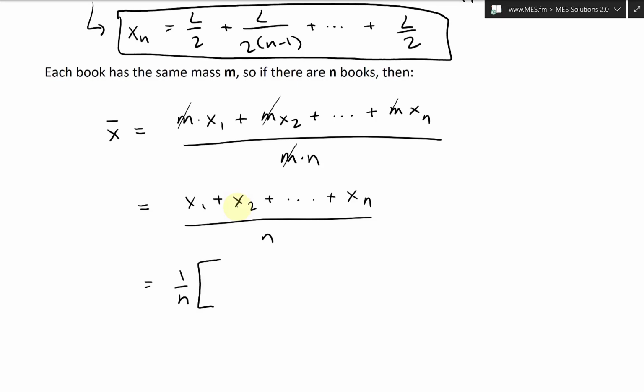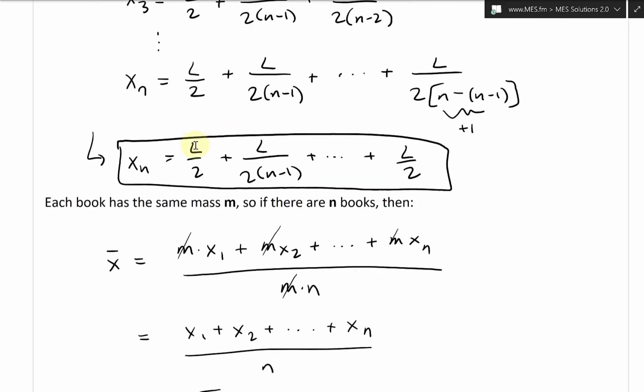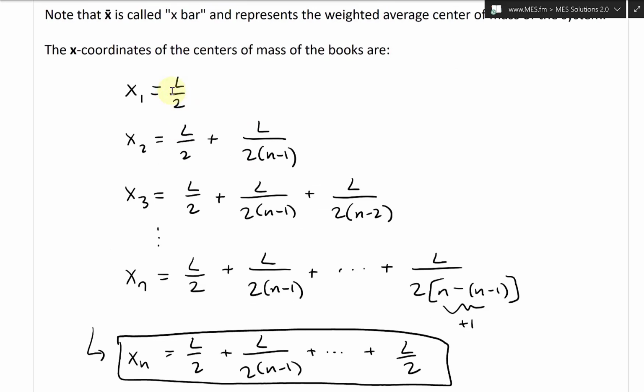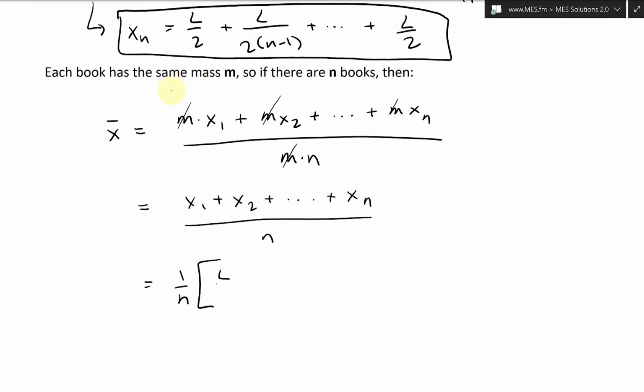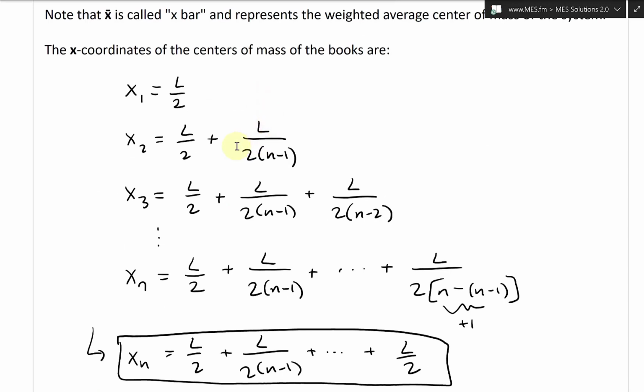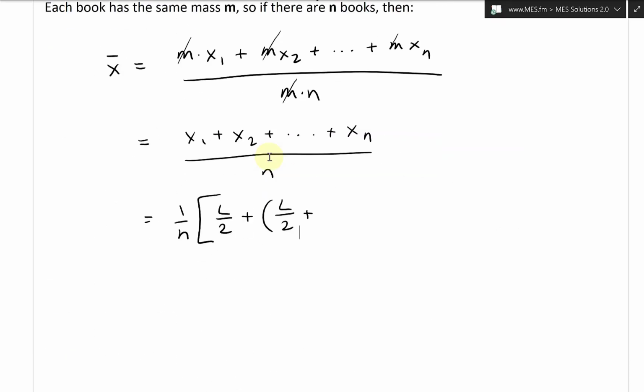Now x1 is just over here, L over 2. So that's the first one, L over 2, plus now x2, that is L over 2 plus the next one, L over 2 minus 1. And that's x2.